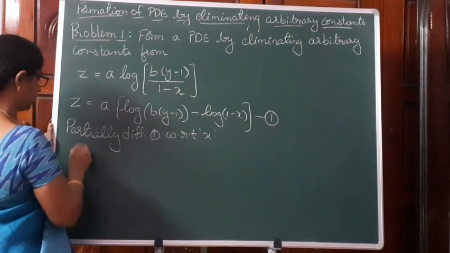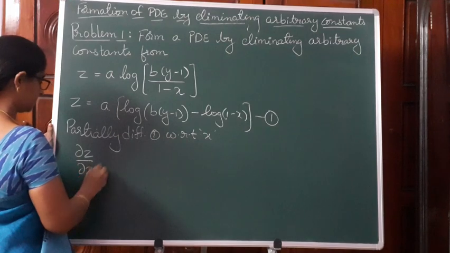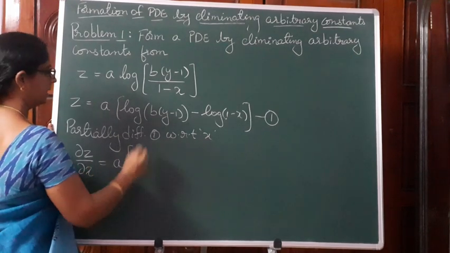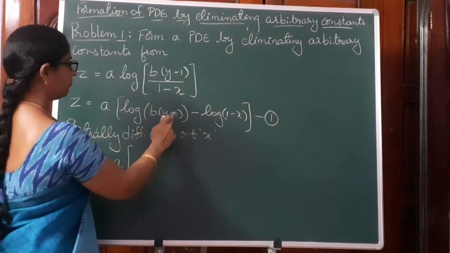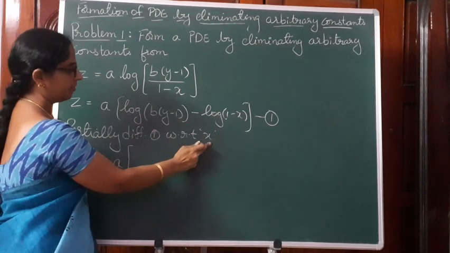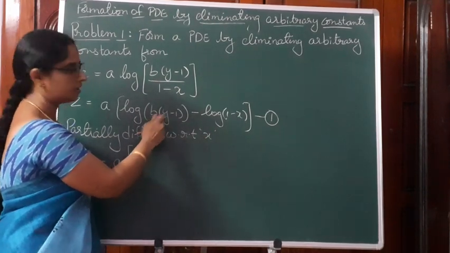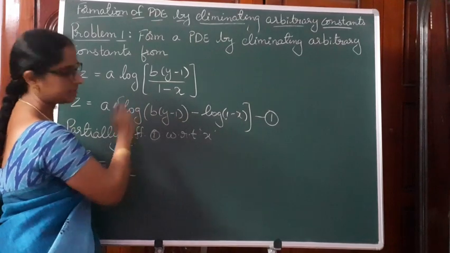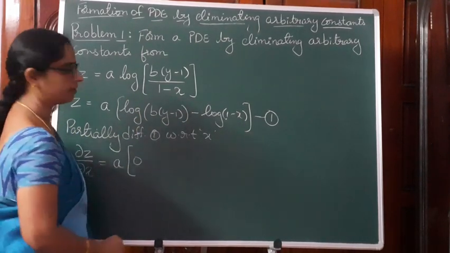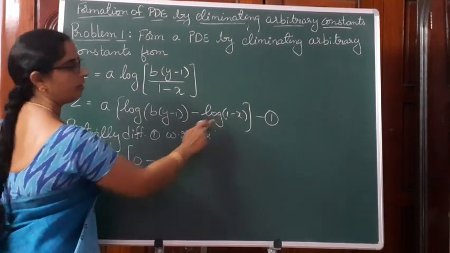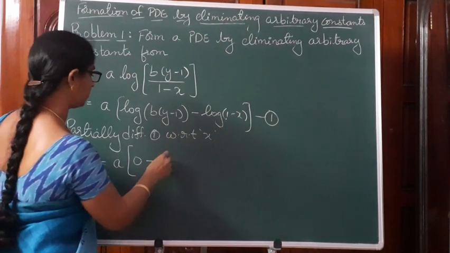Then we get dou z by dou x is equal to a into derivative of log of (b into y minus 1). Because we are differentiating with respect to x, y is constant, so this entire term is constant. Hence its derivative is 0, minus derivative of log of 1 minus x.